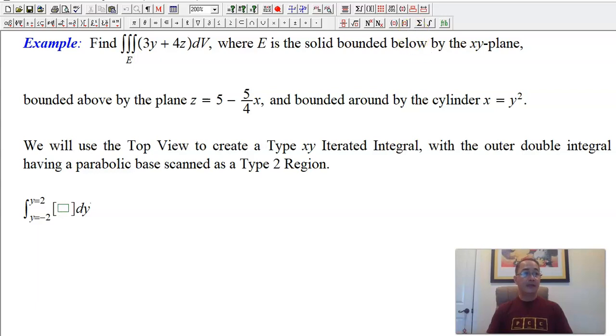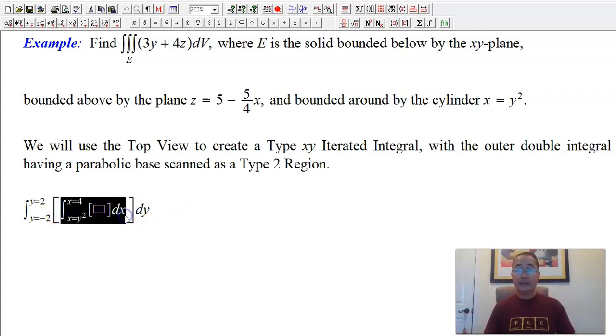Let's put parentheses in there, and then x will be on the inside, so we'll have a dx there. x goes from the left edge, our parabola x equals y squared, to the upper limit where the plate ends, at x equals 4. That is our outer double integral.